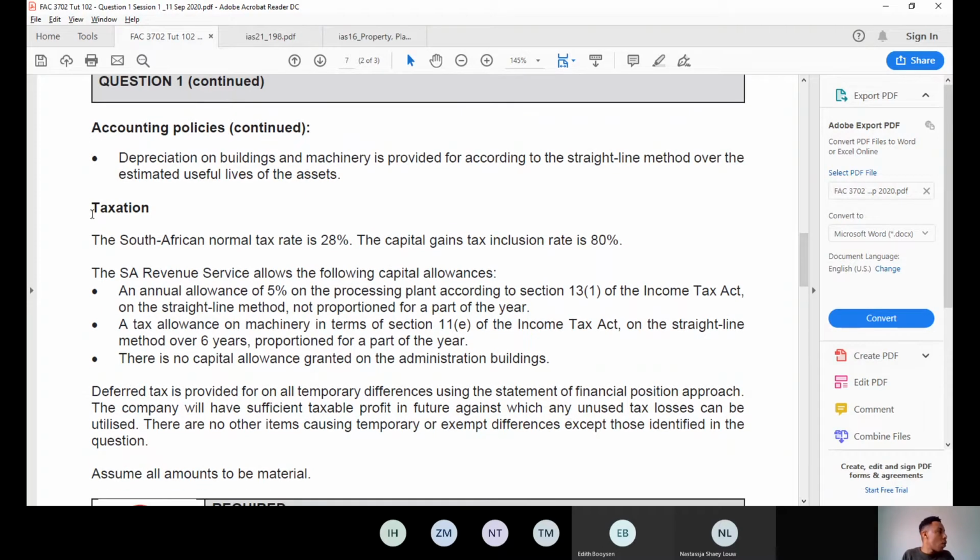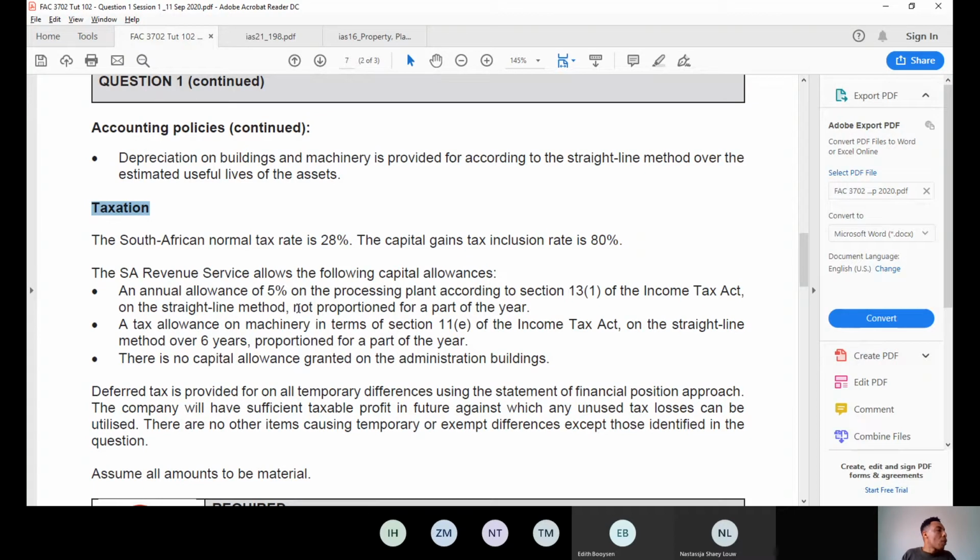Also in terms of SARS, you will be able to understand what the wear and tear allowance or capital allowances are that SARS grants for each specific item of PPE, whether it's buildings or machinery or whatever it is.